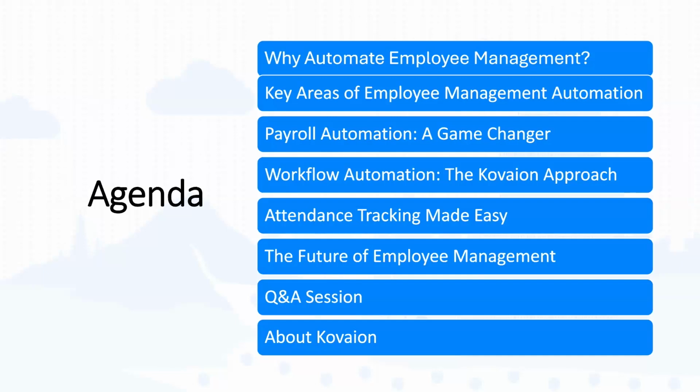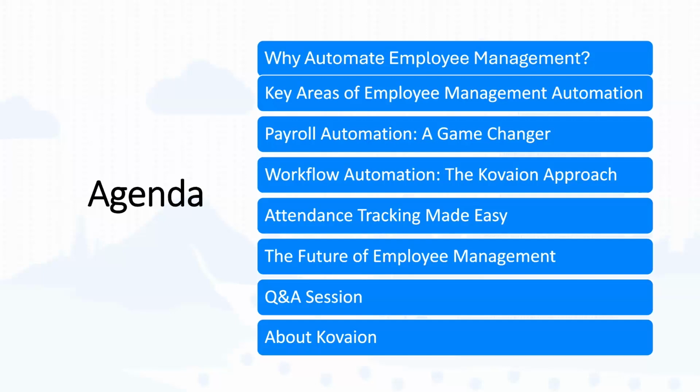Then we will focus on payroll automation, a game changer. Payroll is one of the most time consuming and error prone tasks, but with automation, it can become efficient, accurate, and stress free. Following that, we will talk about workflow automation, the Kovaion approach. Here, we will share how Kovaion's expertise can help businesses implement dynamic, flexible workflows that adapt to your organization's needs. Finally, we will discuss attendance tracking made easy.